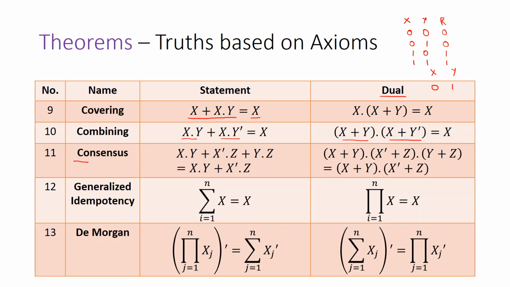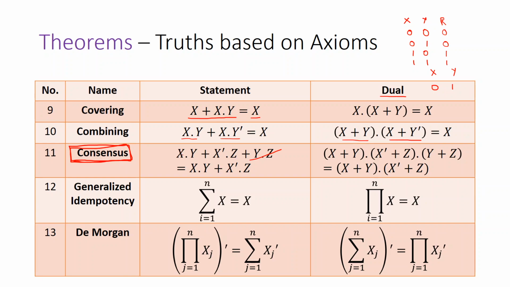Consensus is very important. Let me highlight this. This is very important. Consensus. In this, you see there are three terms to begin with, and one term can be vanished. What is this term which gets vanished? You look at these terms. You have a variable x in one term and its complement in the other term.